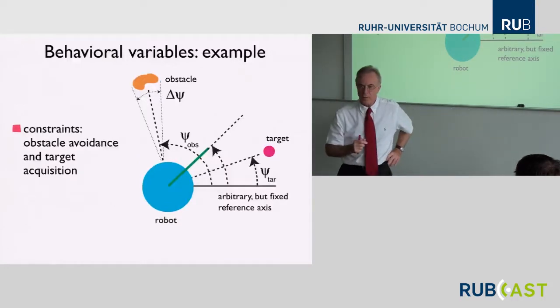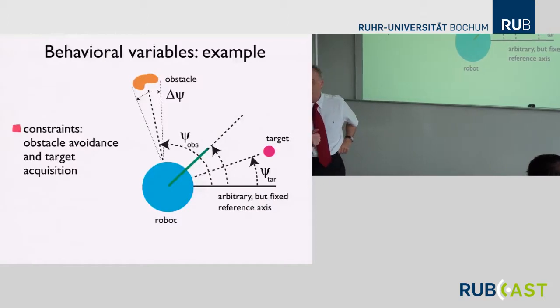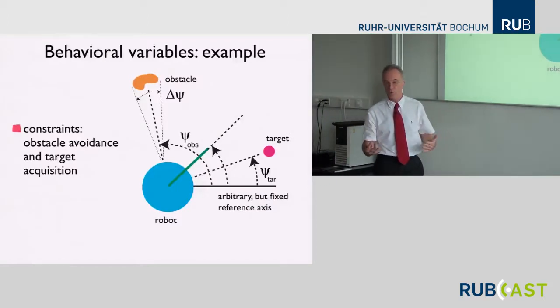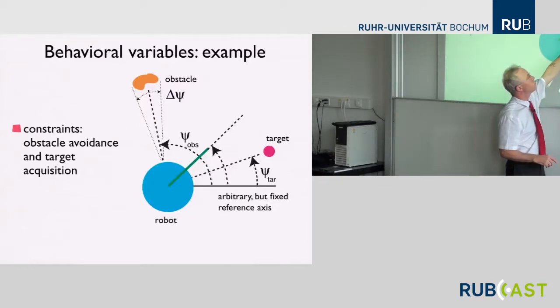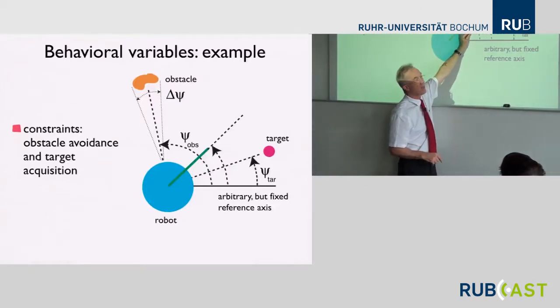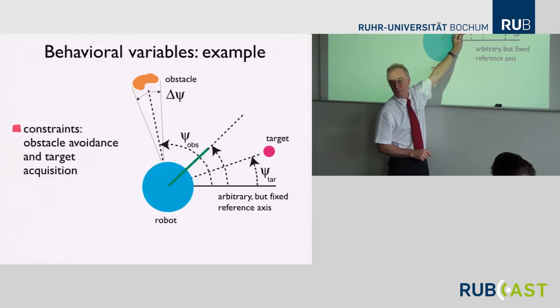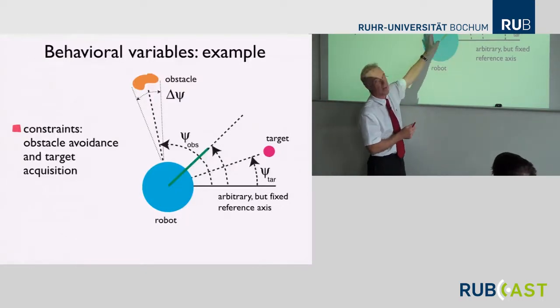So one reason why that's a good behavioral variable is that the kinds of behavioral constraints we want to give the robot can be expressed in terms of values of that behavioral variable. For instance, if we want the robot to move toward a target, that's a particular value of heading. In fact, that's a value that is independent of the robot's current heading. Right?